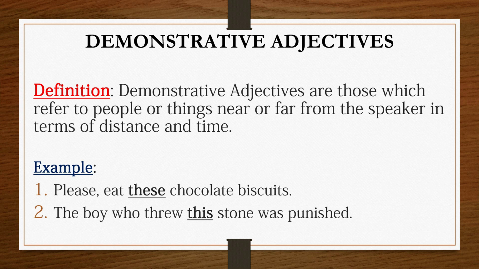So here chocolate biscuits is the noun, and I am referring to it with the adjective these. Yes. The boy who threw this stone was punished. So stone is the noun. I am referring to a particular stone, this stone. So this, these, those, that, these are all demonstrative adjectives.